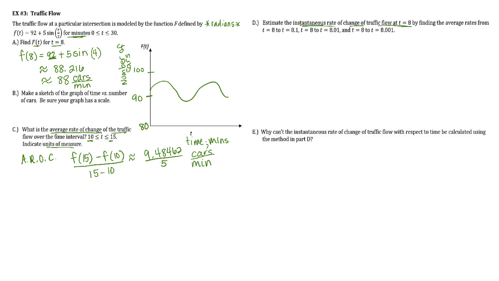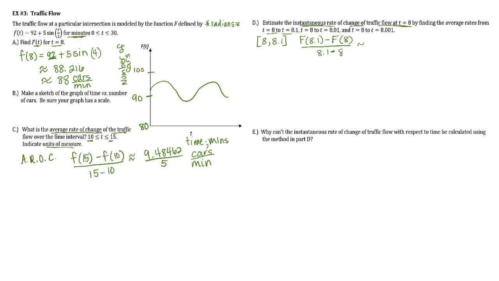And we're going to do that by finding the average rates of change over these intervals. So notice we're going to have 3 intervals here. The first one we're going to have 8 to 8.1. And so that's going to be F at 8.1 minus F at 8 all over 8.1 minus 8.